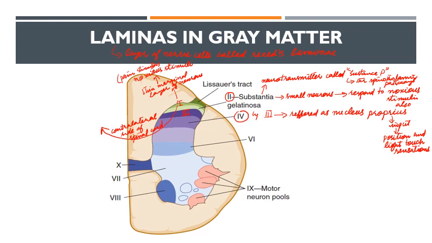Then is the lamina 5. This layer contains neurons that respond to both noxious and visceral efferent stimuli. Then is the lamina 6.